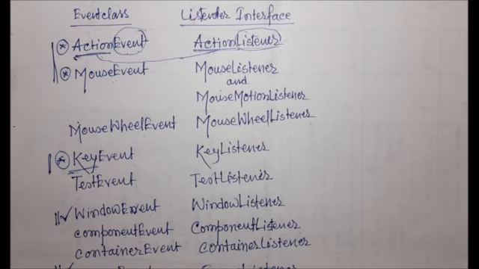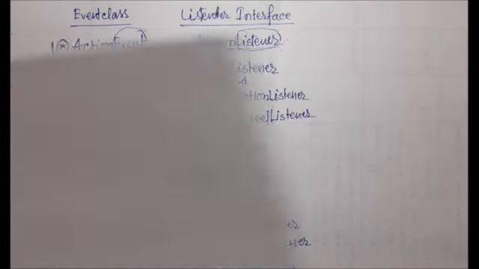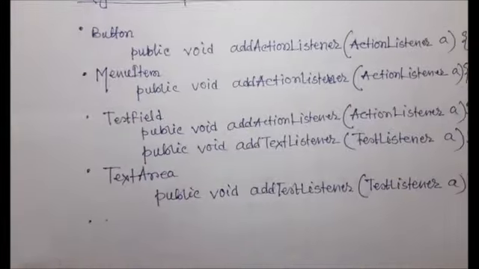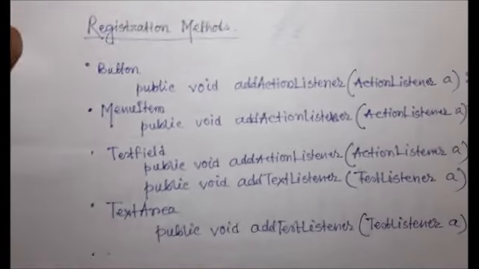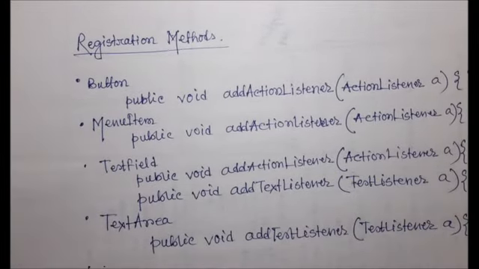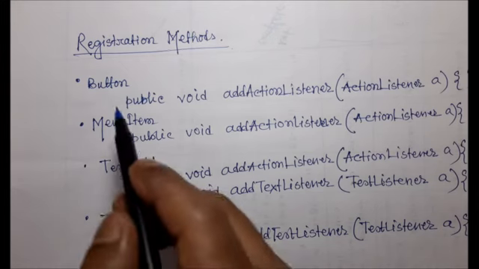What are the components? We have a button, menu item. I am talking about the method corresponding to each component, which I have mentioned here. For example, button is a component, menu item is a component.